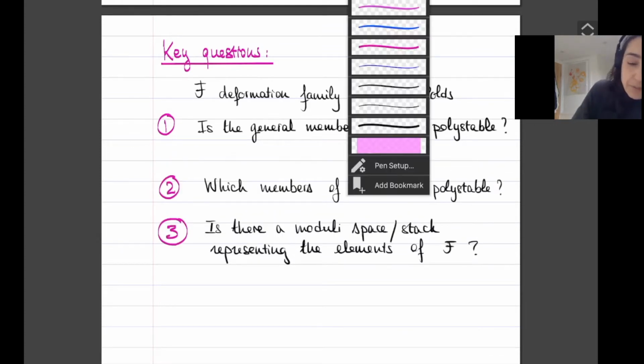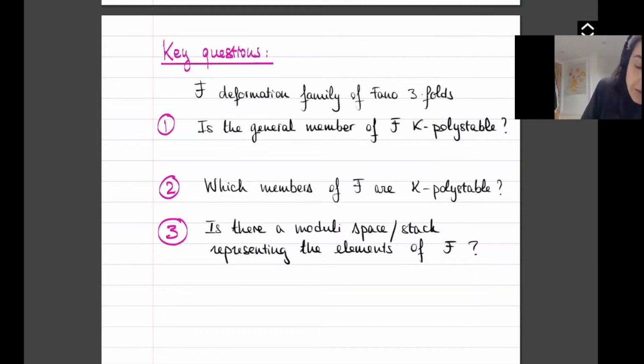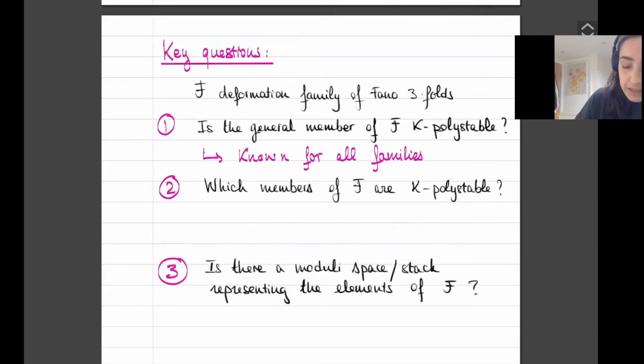So here's, in a sense, what's known. Here, we know the answer for all families. So this was known before our work in many cases, in about 50% of cases. Here, for the second question, the refined question, we have a complete picture, so I'm talking about dimension 3 here.